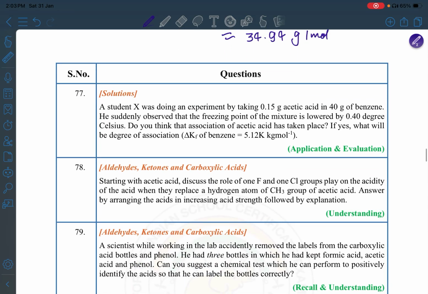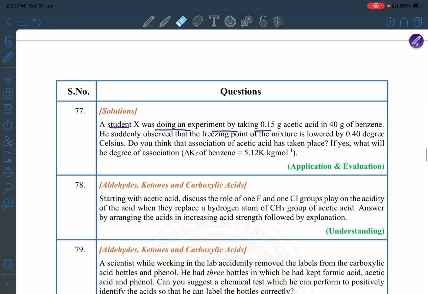Okay, then question number 77. A student X was doing an experiment by taking 0.1 gram of acetic acid in 40 gram of benzene. He suddenly observed that the freezing point of the mixture is lowered by 0.4 degrees Celsius. Do you think the association of acetic acid has taken place? If yes, what will be the degree of association?